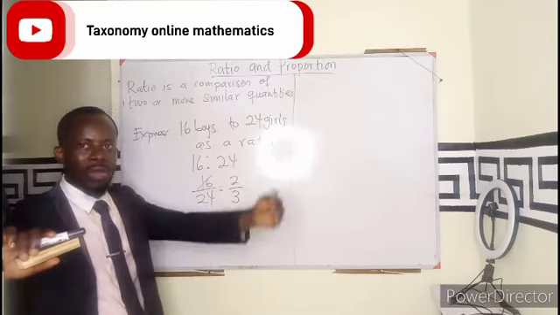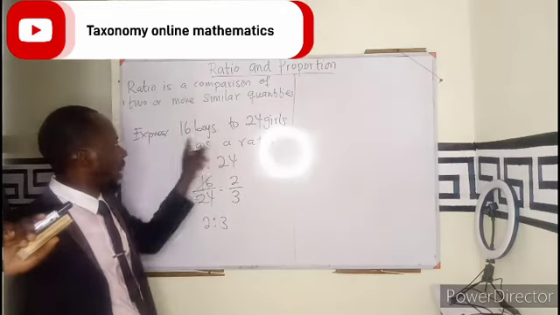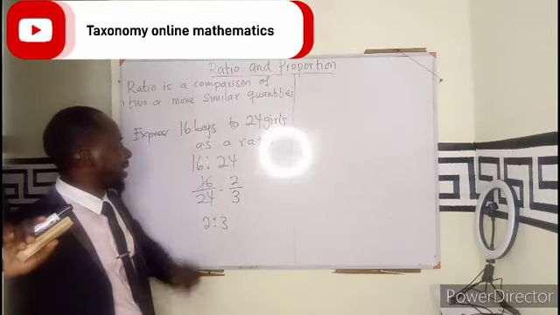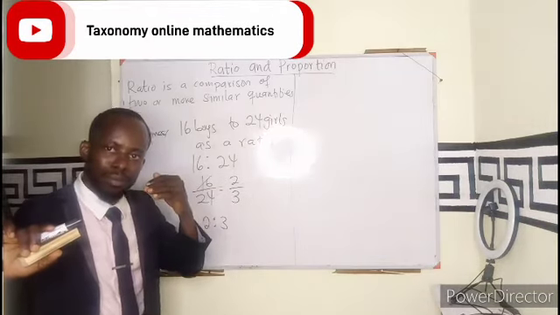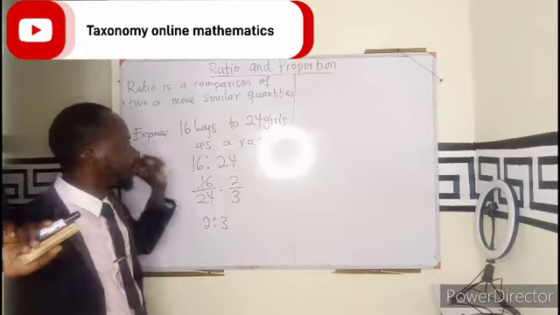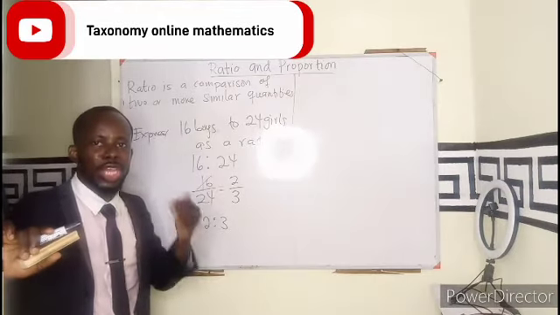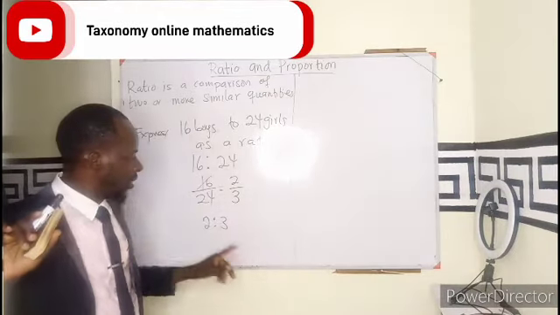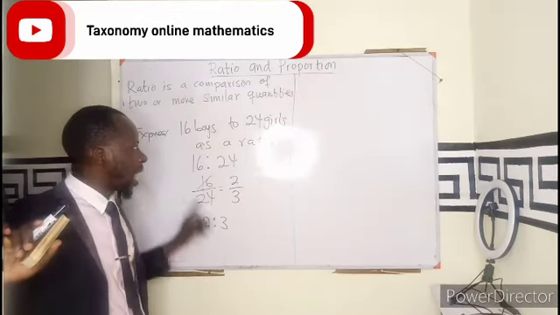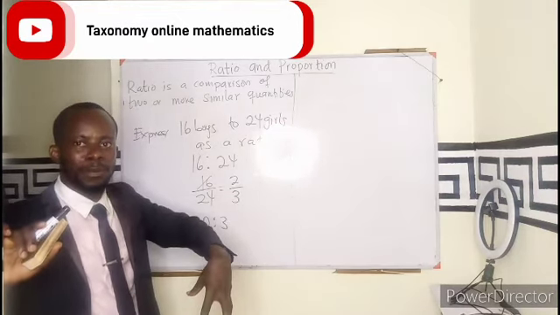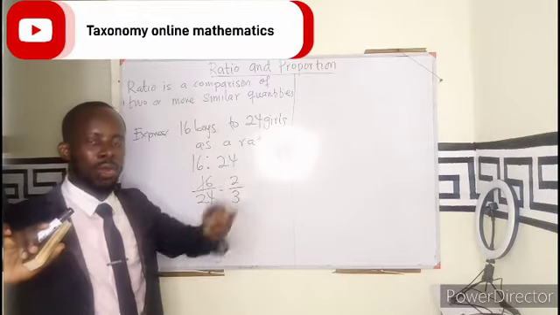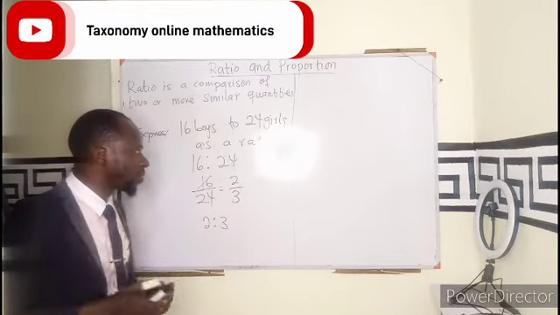If I want to arrange all, the total will be, I think, 40. If you want to arrange 40 students with 16 boys, 24 girls into groups, it means if I take 2 of the boys, I should take 3 of the girls to be in that group. That is the meaning of the ratio, the comparison between that.